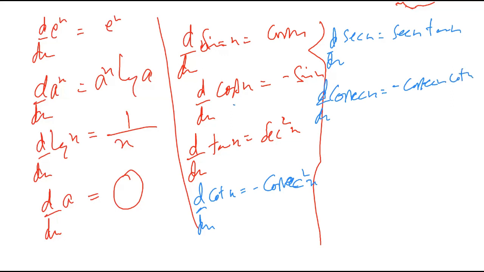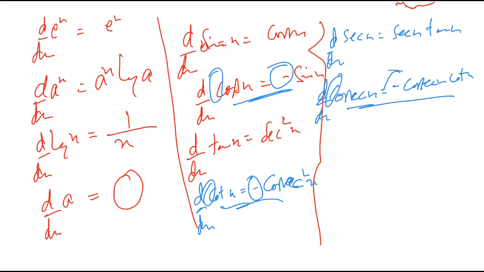It means cos x gives minus sin x, cot x gives minus cosec square x, cosec x gives minus cosec x cot x. With anything which starts with c, we get a negative sign on differentiating. These are the simple basic rules.